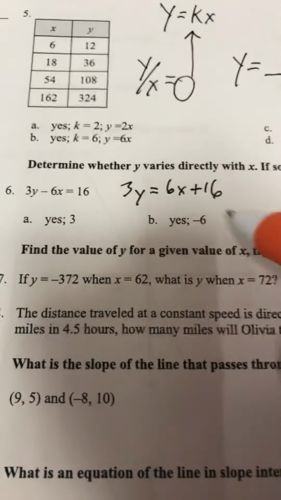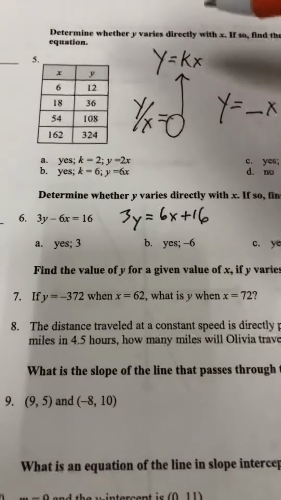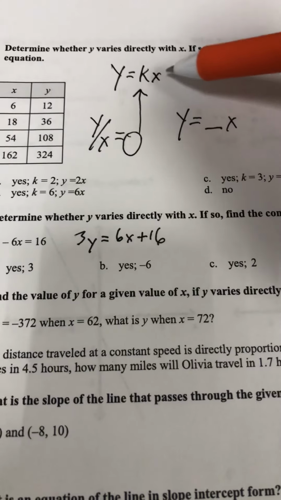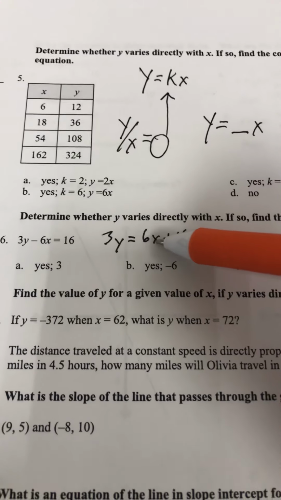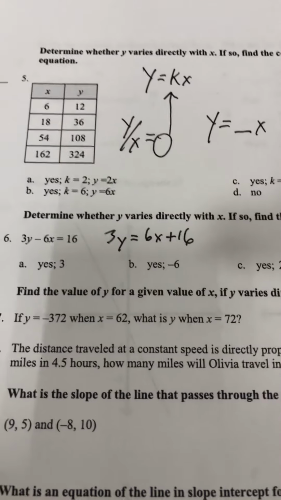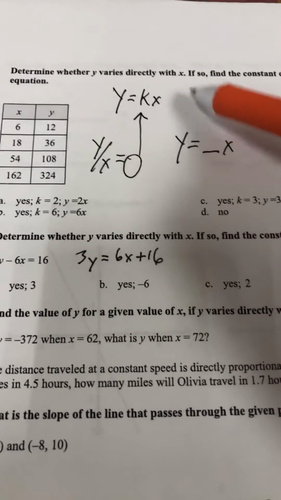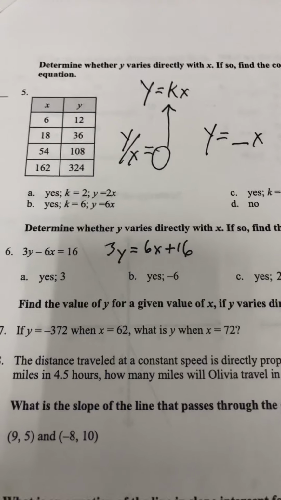Then you go ahead and divide each term by 3. You can't have anything added or subtracted beyond that x. If you do have something added or subtracted beyond that x, it is not a direct variation. Okay, so that's for number 6. That should help you out.